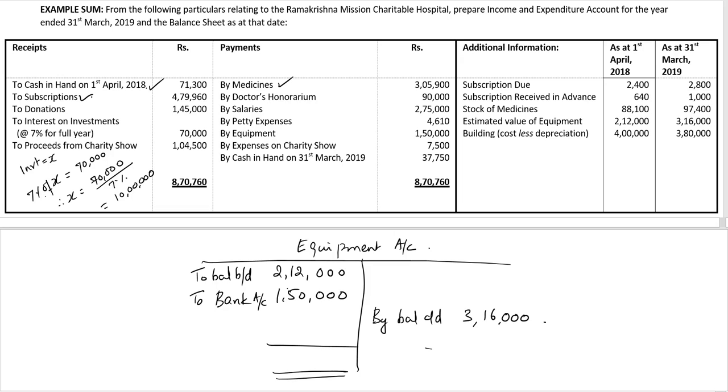The balancing figure will come on the credit side of the equipment account, and the balancing figure would be depreciation.